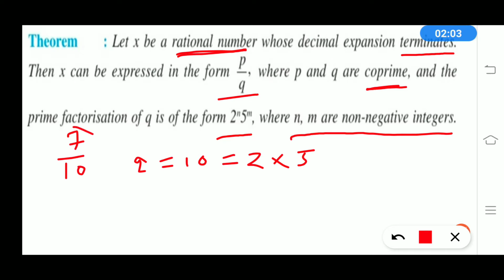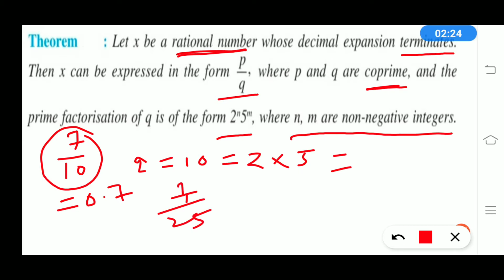So we can easily say that this rational number terminates. That means this equals 0.7. Clear?